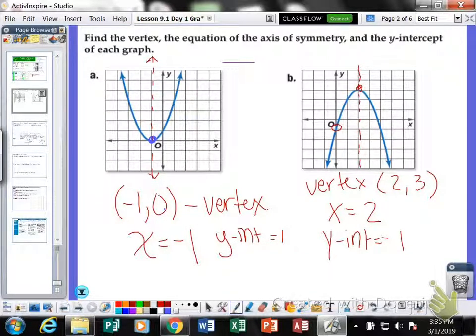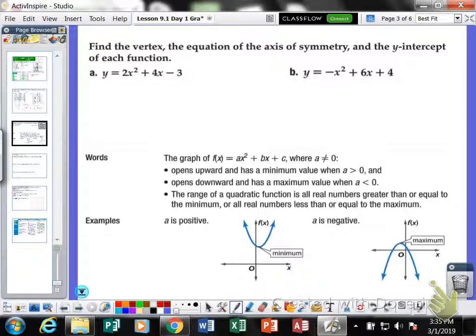Pretty easy. Okay. Find the vertex, the equation of the axis of symmetry, and the y-intercept. So here is where we use the quadratic equation, or the quadratic function, to find it. In order to find the vertex, we need to find what x is.